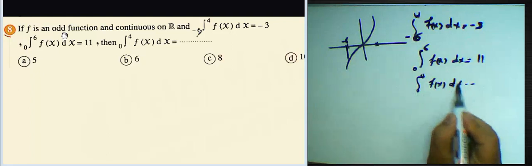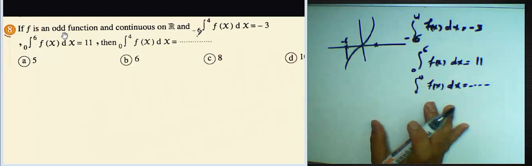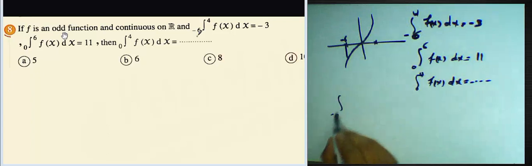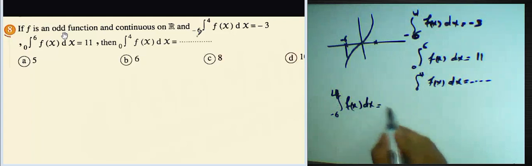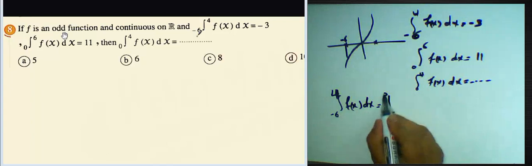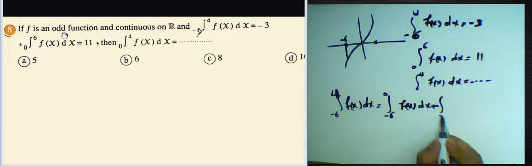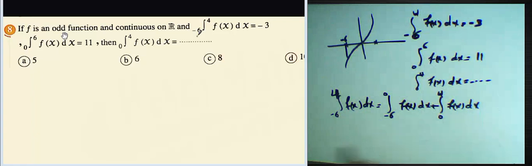We can write the whole integral from -6 to 4 of f of x dx as the integral from -6 to 0 of f of x dx plus the integral from 0 to 4 of f of x dx.